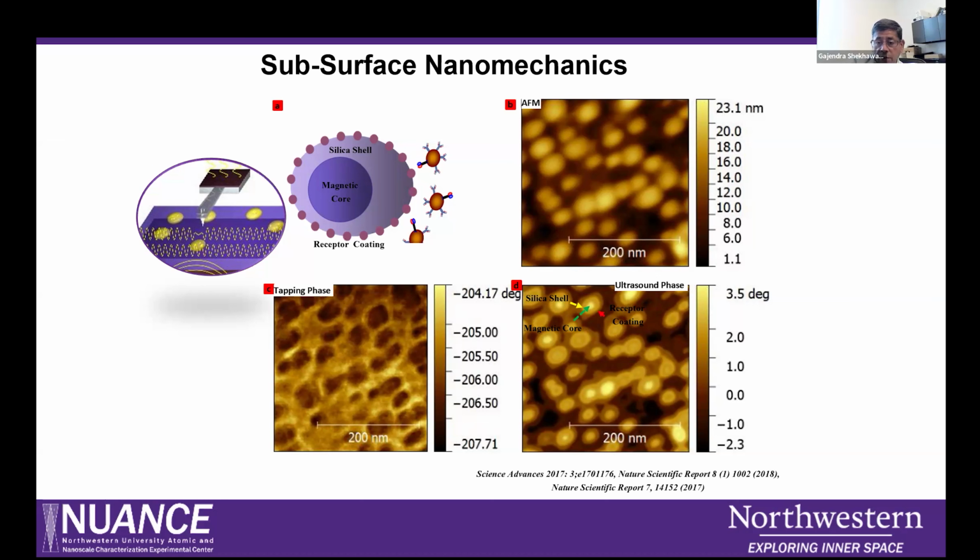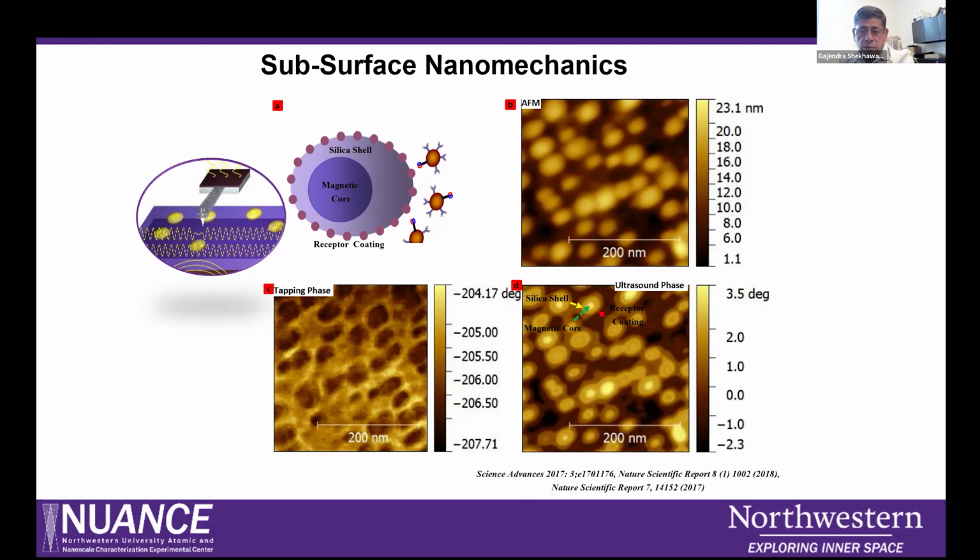And across the ring is basically the silica shell. And on the top, you can see those antibody layers. So basically, you can identify all these 3 components with this holography technique rather than pursuing complex TEM measurements. This is one of the examples.